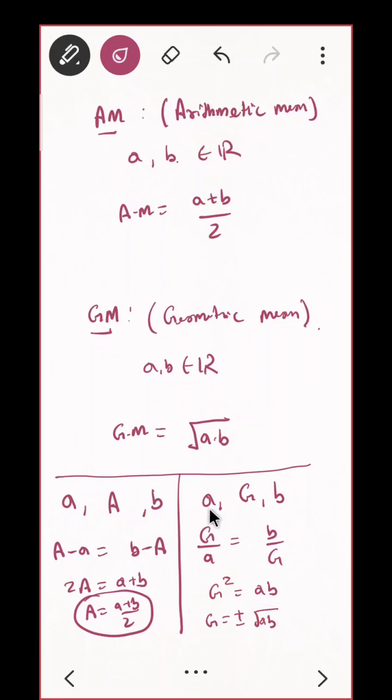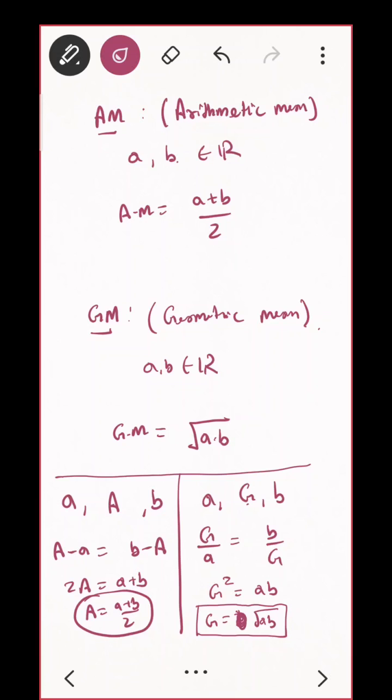But since I am taking a and b as positive, the in-between term is also positive, so I'll just take the positive square root. Is that okay? So that is your geometric mean: G is equal to root ab. This is how the value came into the picture. Okay? Is that okay?